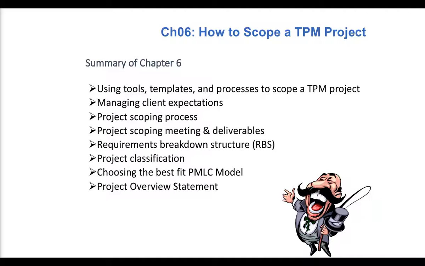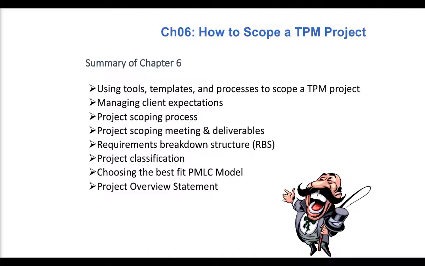The main thing with scoping is you've got to manage client expectations, and you have to elicit what they're expecting and be able to say what you're doing and why you're doing it, and eventually perhaps figure out that you can't do it. You can start doing the requirements breakdown structure now, right?